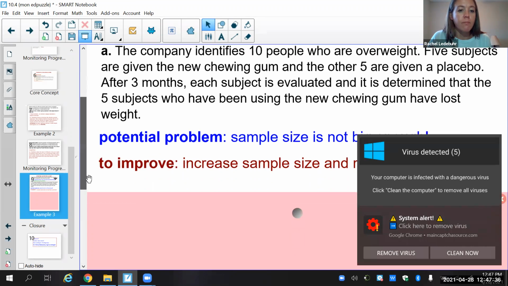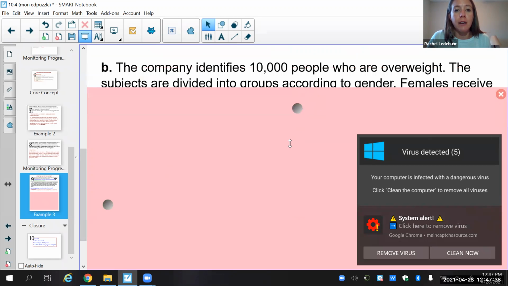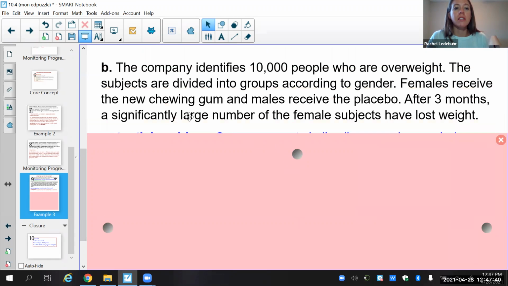Okay. All right. Let's look at another example. What about now the company identifies 10,000 people who are overweight, so they increased. The subjects are divided into groups according to gender. Females receive the new chewing gum and males receive the placebo. After 3 months, a significantly large number of female subjects have lost weight.